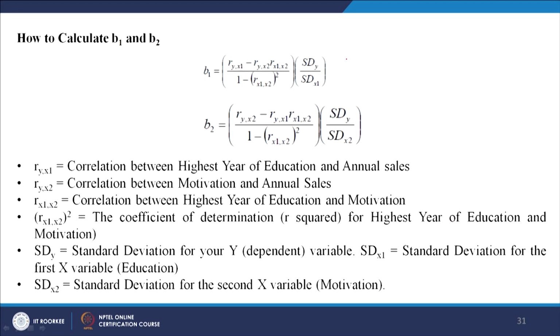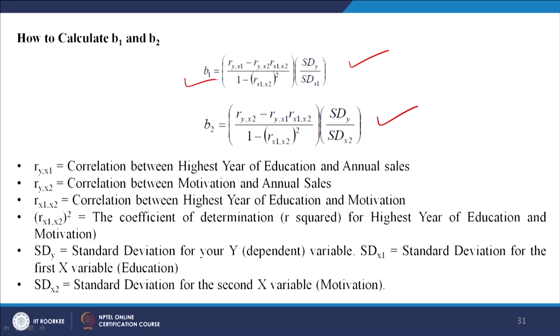Now, how to calculate this B1, B2? B1 is equal to this formula, using the standard deviation, all the notations are given. R y x1 is the correlation between highest year of education and annual sales, because y is my sales, x1 is my education, minus the correlation between y sales and x2 motivation, into the correlation between education and motivation, divided by 1 minus the correlation between education and motivation squared, into the standard deviation of y, that is sales, divided by the standard deviation of x1.